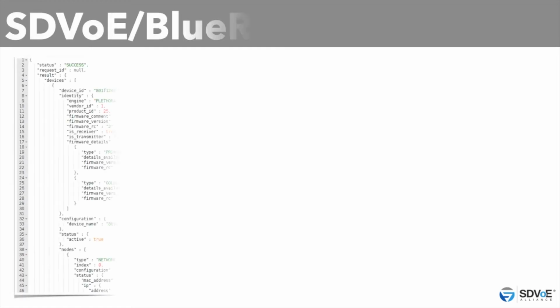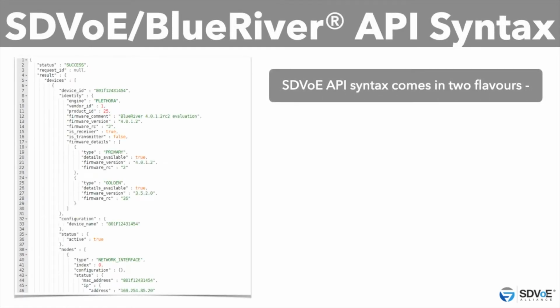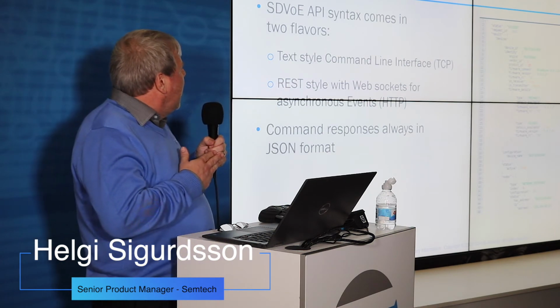So, the SDVoE API itself, the syntax comes in two distinct flavors, and this is the choice that someone who is writing this experience software makes in the beginning.